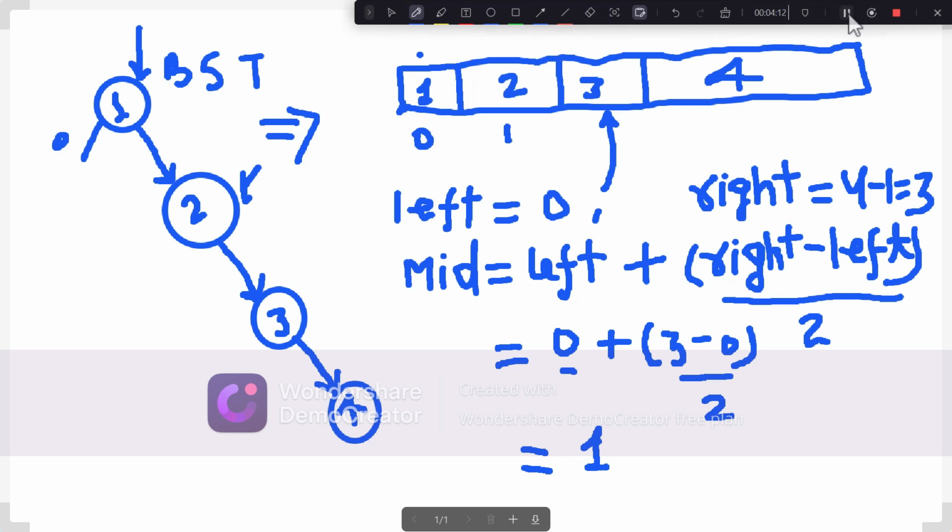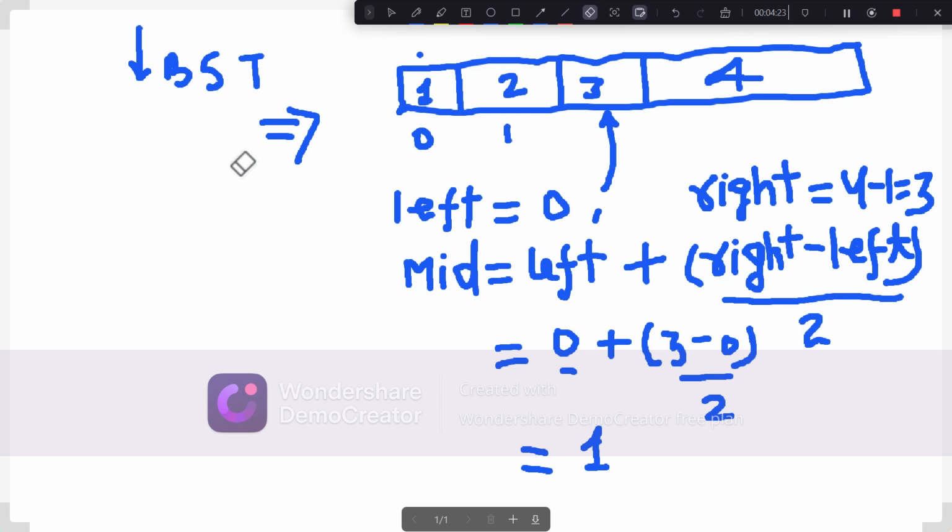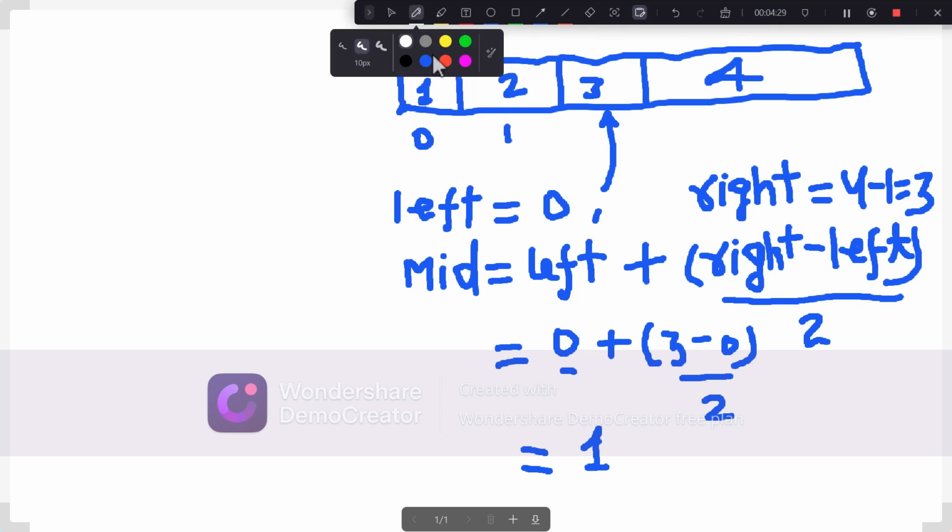Okay, so let me do the dry run of the entire code. I'm removing this part because it is of no use now. We already got the array out of this BST, so now we will go for our resultant BST. See here, we have got 1, and at 1 the value is 2. So first our root node would be 2.